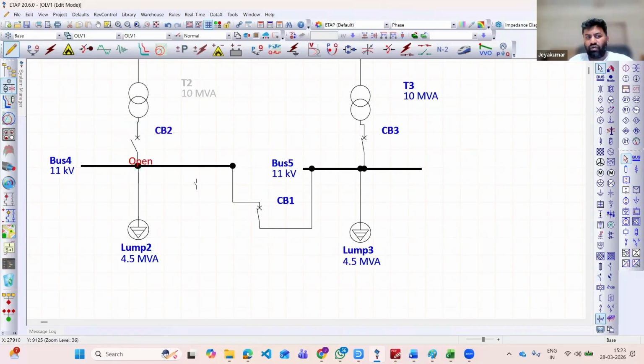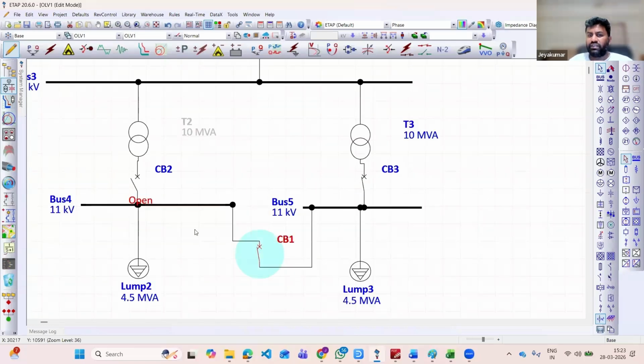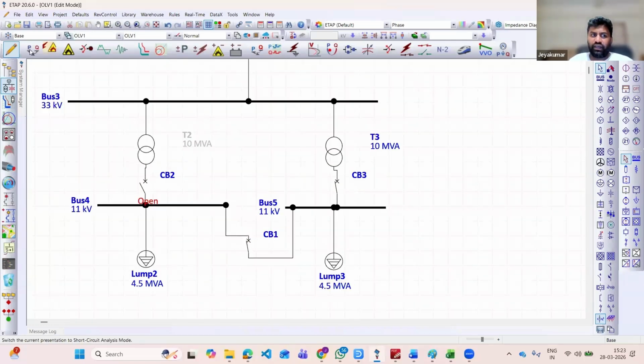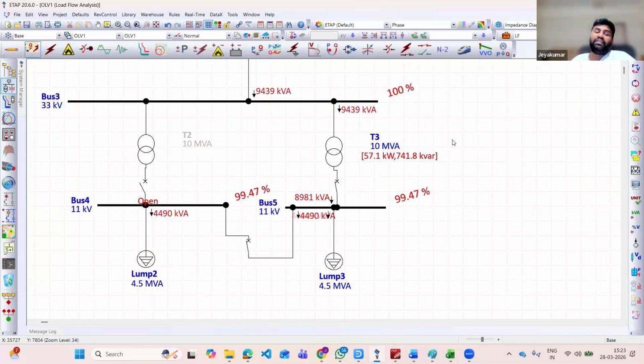So now this one you open, this one you close. Now when you take this transformer out, you can run the entire load on this actually. That is also possible. Most of the cases will be like that only, right?